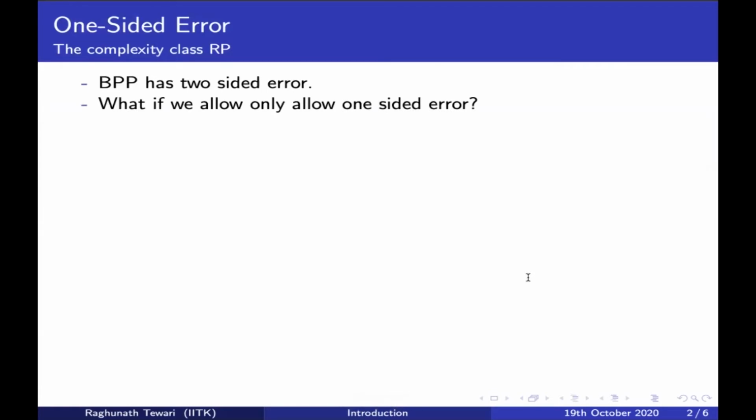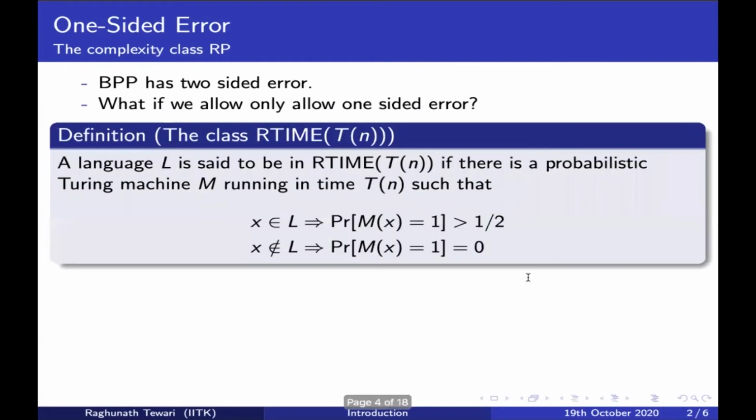Now, what if we allow only one-sided error? What if we don't allow any error to happen on one of the sides, when X is in L or X is not in L? What kind of complexity class do we get, and how do they compare with the two-sided error classes? So we define the class RTIME T of n, analogous to DTIME T of n, as follows.